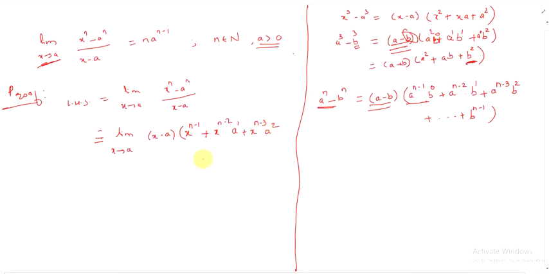Then plus x raised to n minus 4 and a cube, and so on. The last one is a raised to n minus 1, and the denominator of the function is x minus a. Now we can see that this x minus a and x minus a get cancelled.